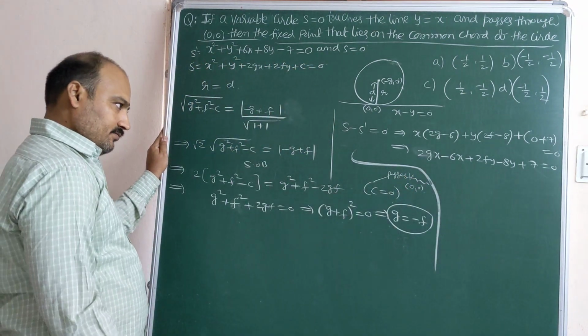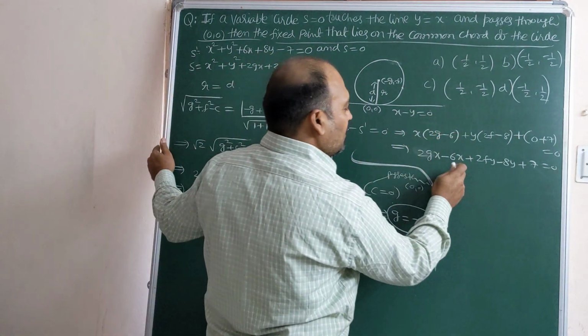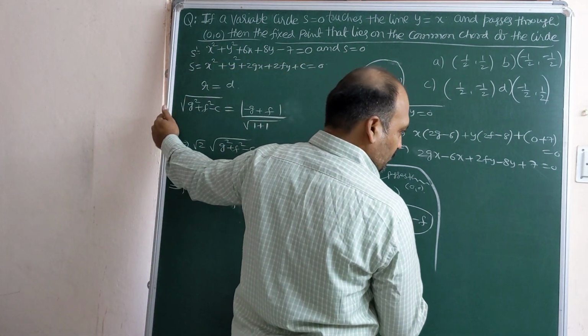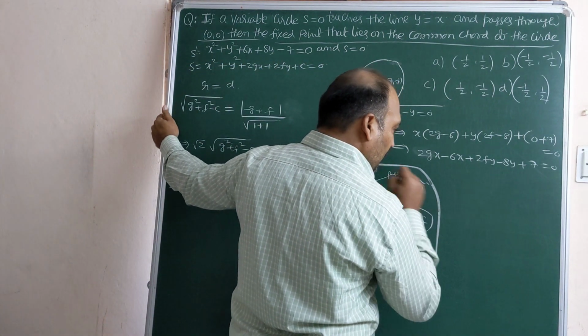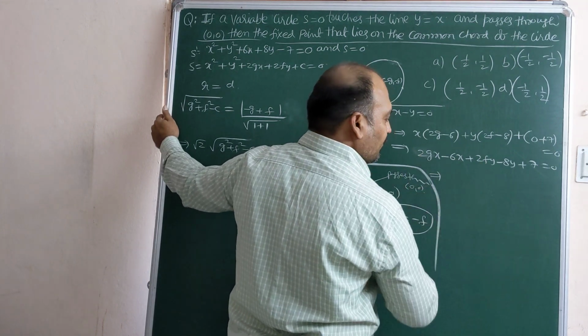So now they are asking to find a point. Which point? This line is passing through the fixed point. G is equal to minus f also, no? So what I am doing is, wherever g is there, minus f, or wherever f is there, minus g.